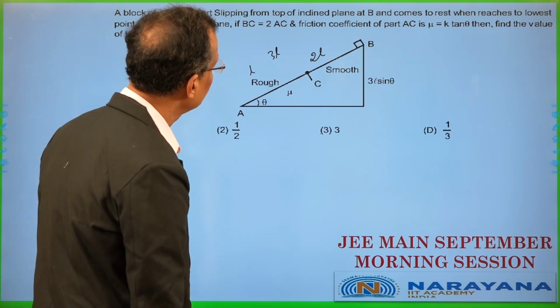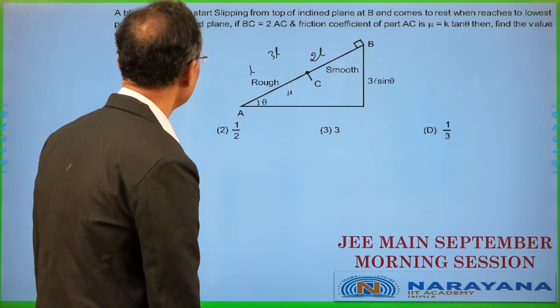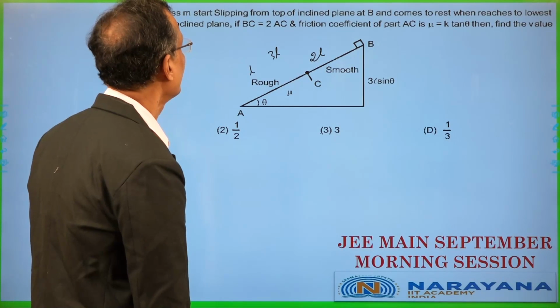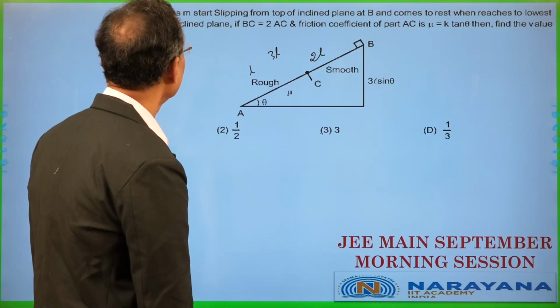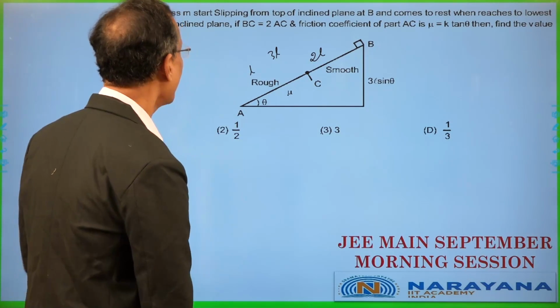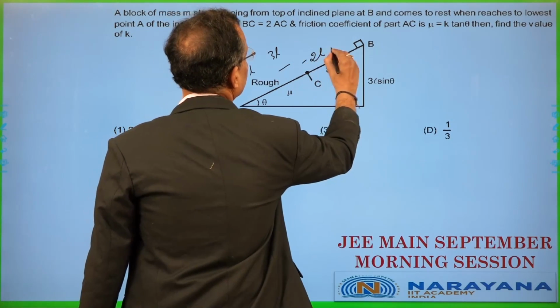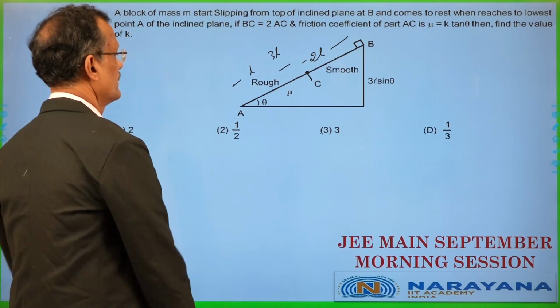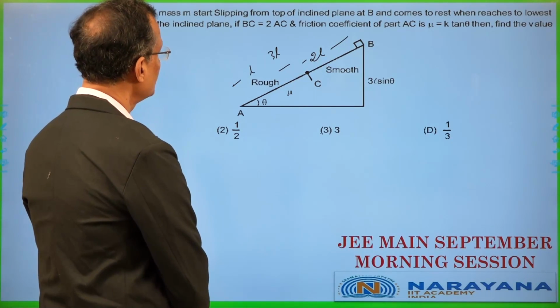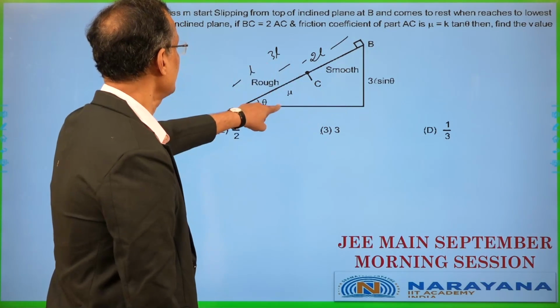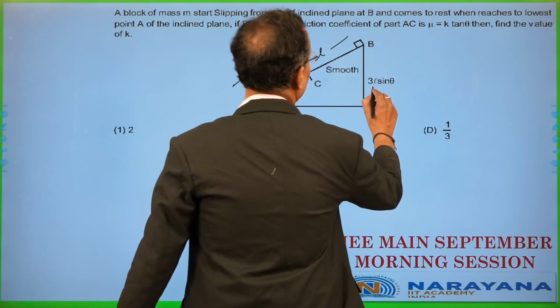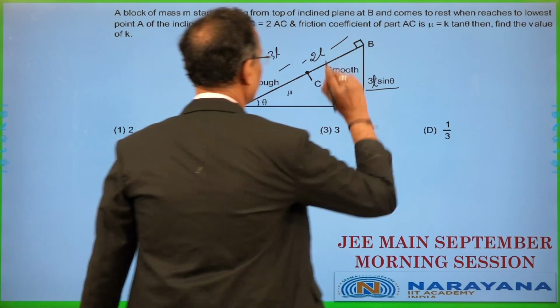They have shown here also 3L sine theta. If BC is 2AC, I have taken this as L and this as 2L. Then sine theta will be x by 3L, so this will be 3L sine theta. Good.